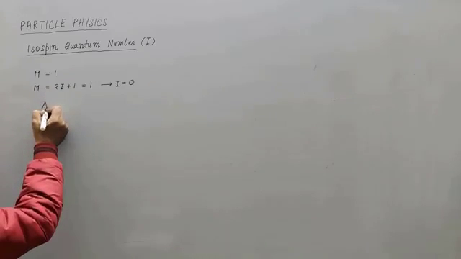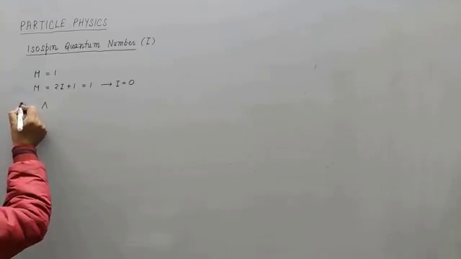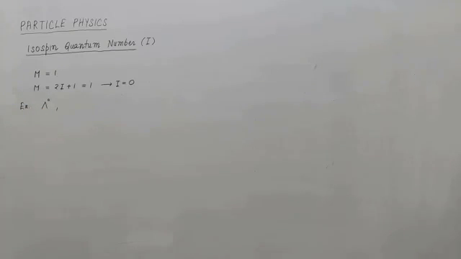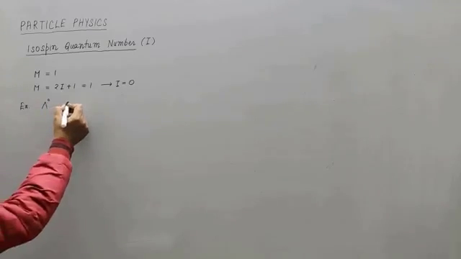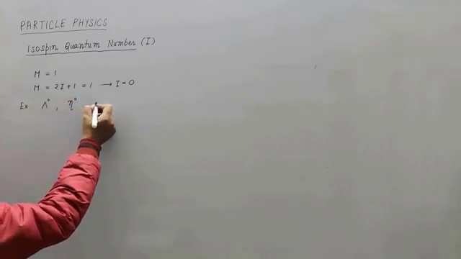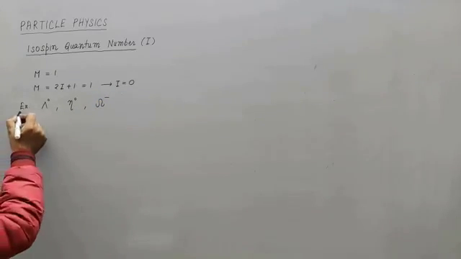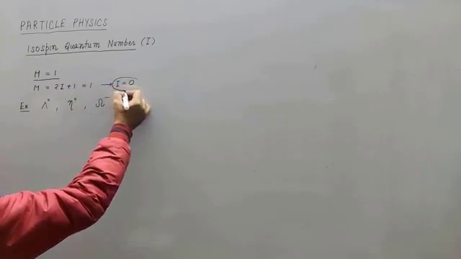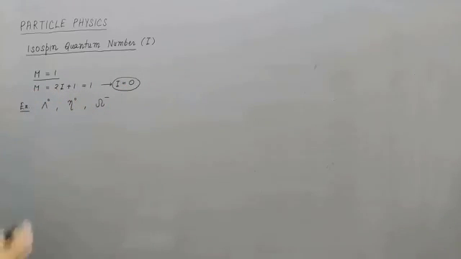For particles like lambda naught, eta naught, and omega minus, these are the examples of M equal to 1, corresponding to I equal to 0. So if M is equal to 1, there is a single charge state.